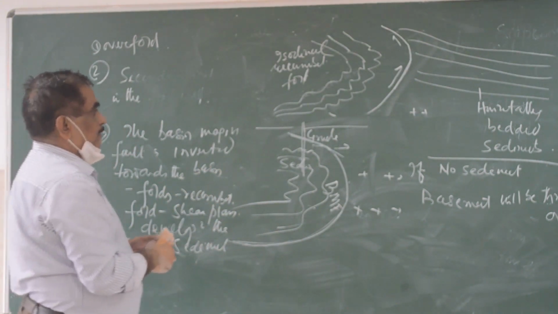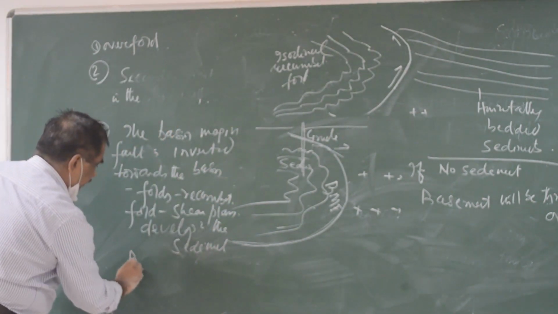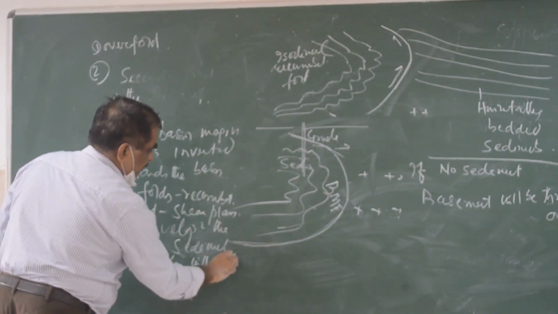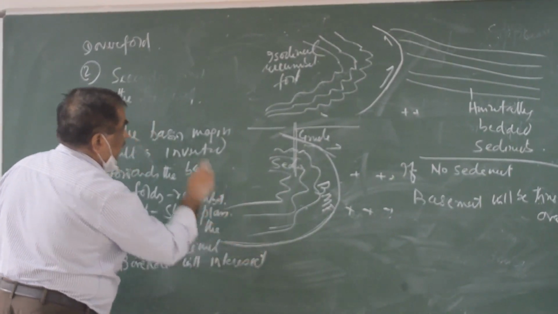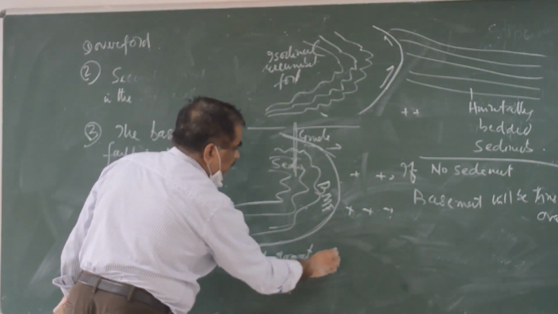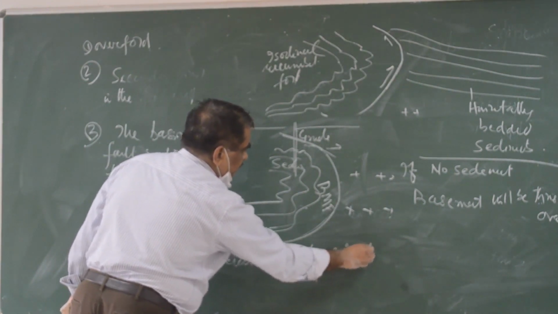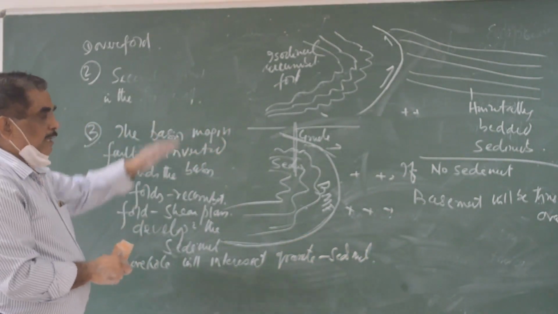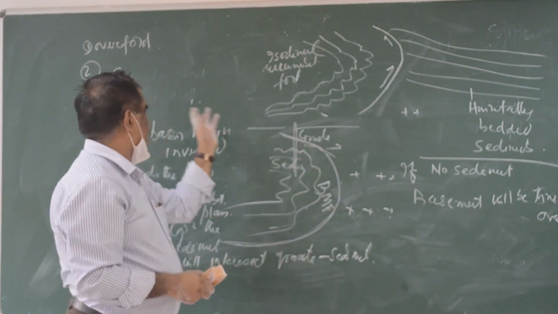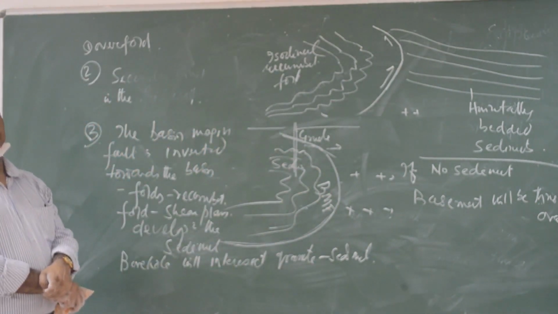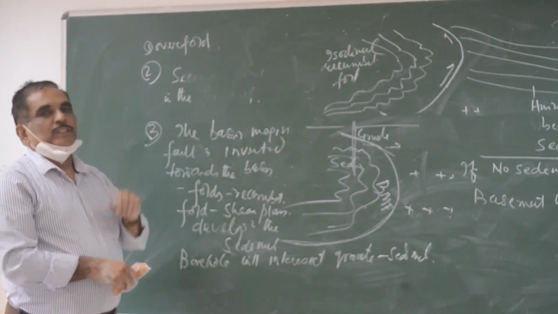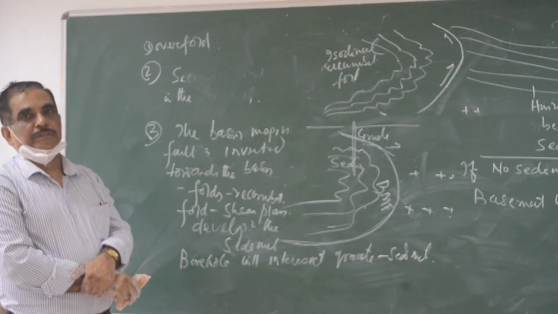And if you put a borehole, the borehole will intersect the granite first, followed by sediment, then sediment. This reversal of sequence, granite will overlie the sediment. This happens when this basin margin fault is inverted back toward the sediment basin. So these are some of the features in case of basin inversion or tectonic inversion.